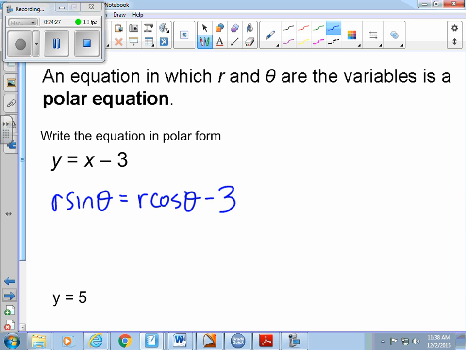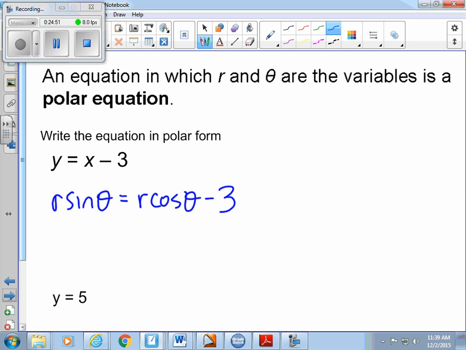It depends on what your calculator's in. You can do polar equations in radians or polar equations in degrees. Go to y equals now. What's it look like? r equals.